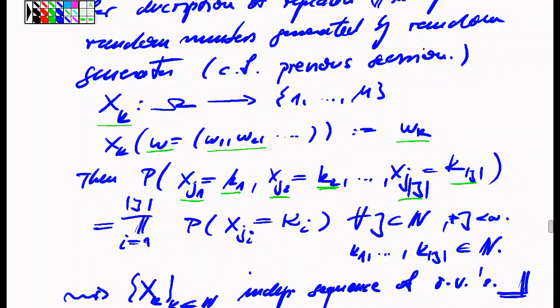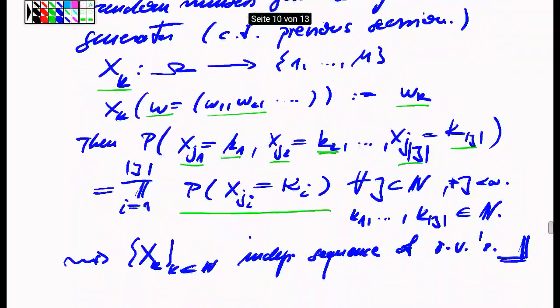This is precisely an event which is of a cylinder set structure, and therefore this is computed by using the very definition of the P on cylinder sets, which in our case here was defined as the uniform distribution on the corresponding set of truncated sequences. And here we can evaluate this precisely in order to convince ourselves that in fact this product rule applies. So, in fact, this infinite sequence is independent.